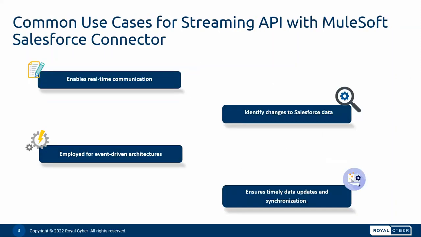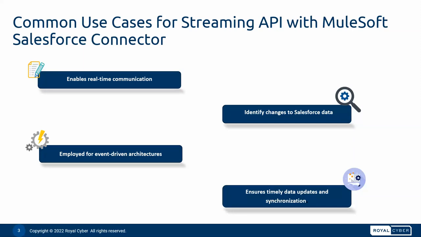Common use cases for Streaming API with MuleSoft Salesforce Connector. The Streaming API with Salesforce Connector is used to enable real-time communication between Salesforce and external applications. It allows you to receive near instantaneous updates about changes to the Salesforce data, such as new records or modifications.